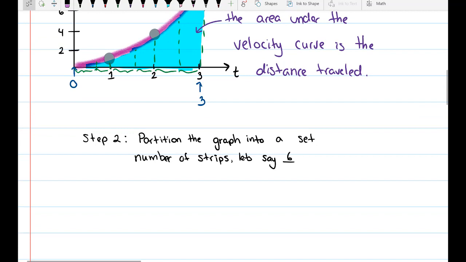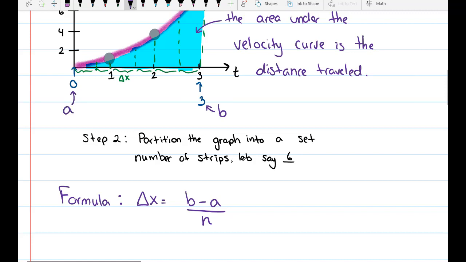So in order to find this delta x, in order to find out what it actually is, we have a formula. The formula for delta x is b minus a over n, where b is the ending point and a is the starting point.